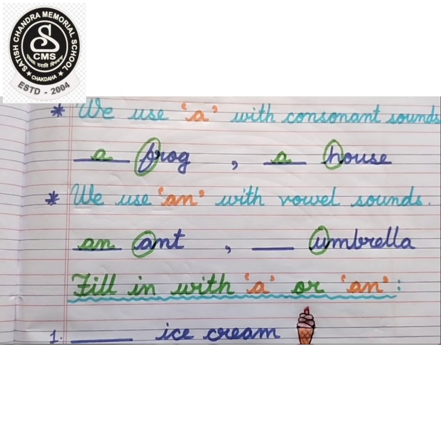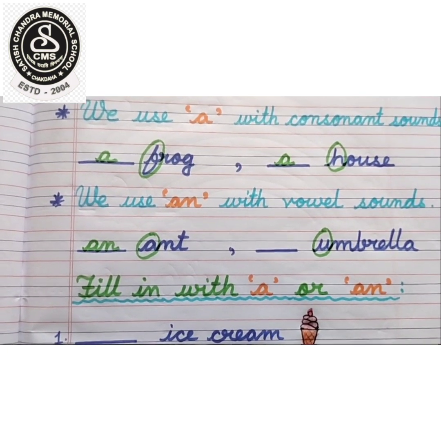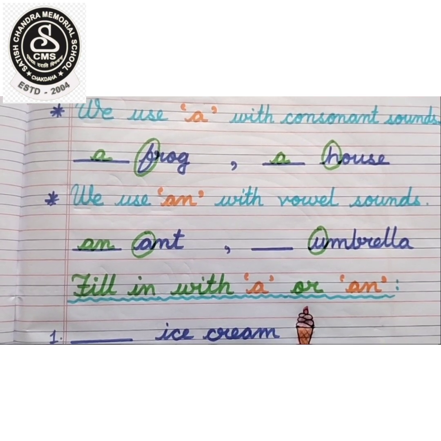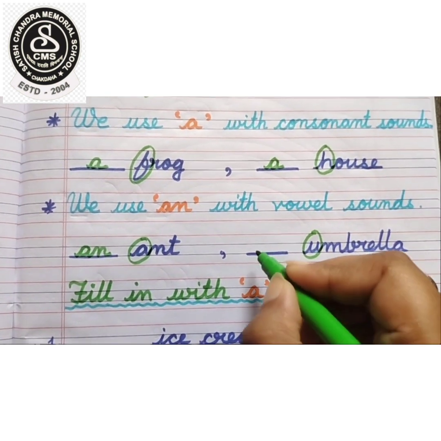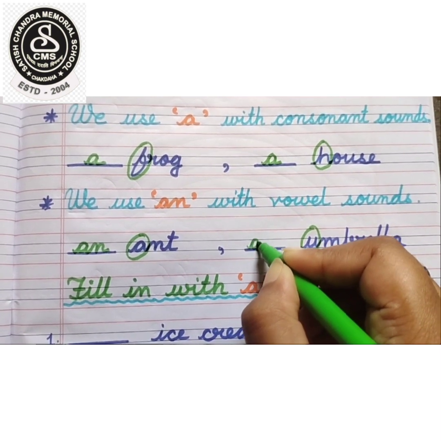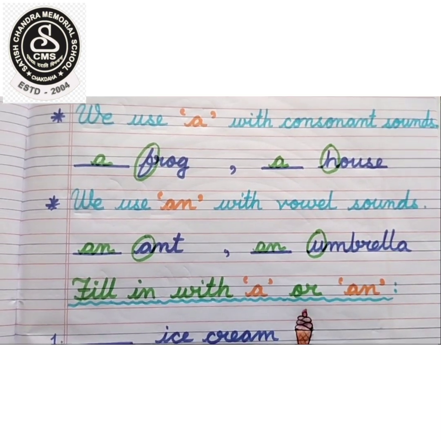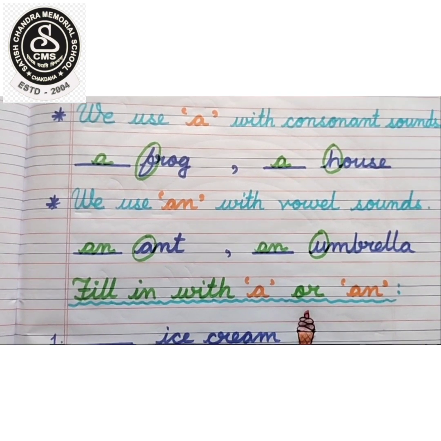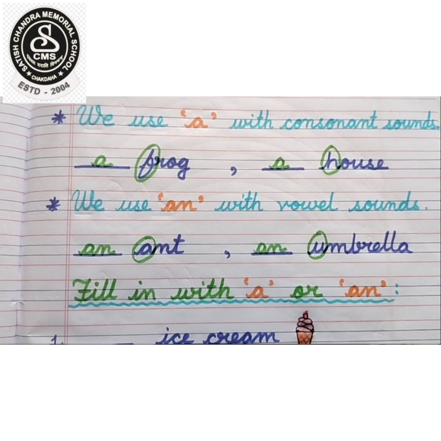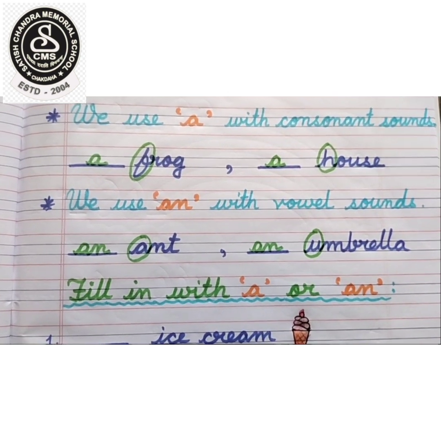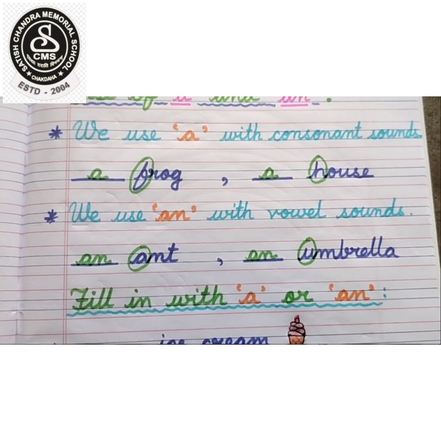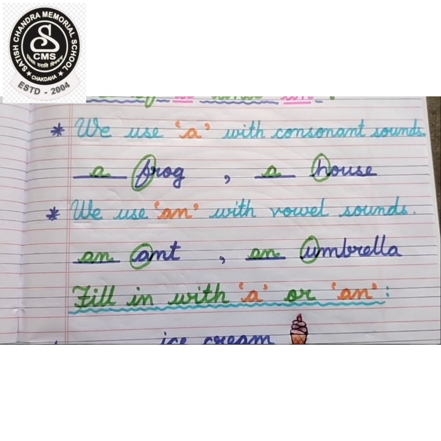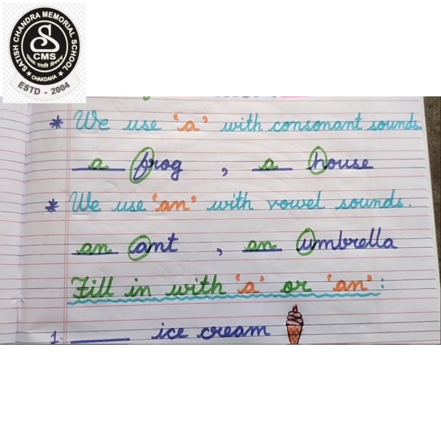Yes, U is a vowel sound. So what should we write before this? Very good. We will write an before umbrella because it starts with a vowel sound. So children, what we have learned? We use A with consonant sound words and we use an before vowel sound words.